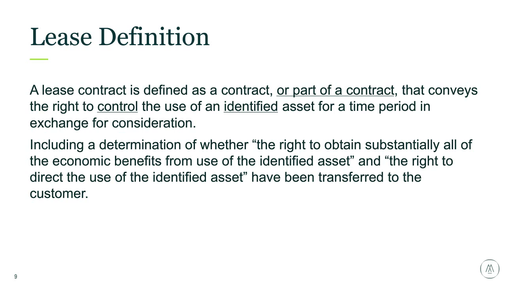You've also got to make a determination of whether you have the right to obtain substantially all of the economic benefit from use of that identified asset, and the right to direct the use of the identified asset has been transferred to you as a customer. So the couple key points here are right to control and the right to obtain substantially all the economic benefit.